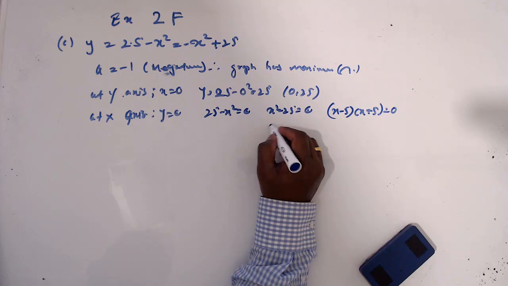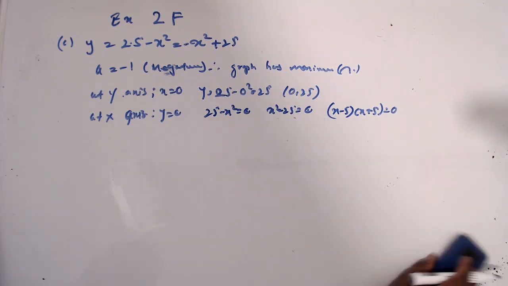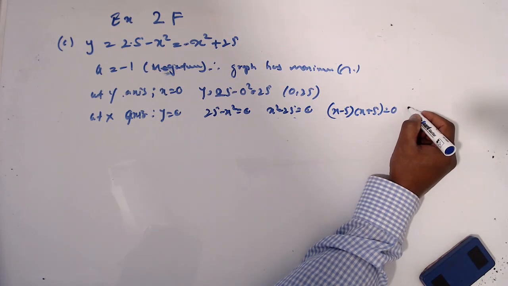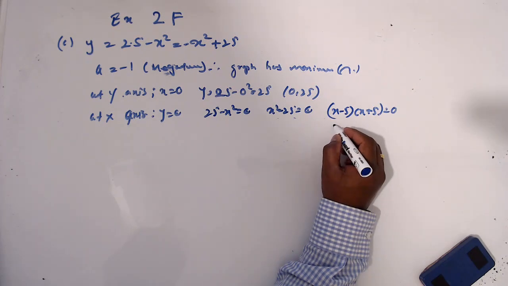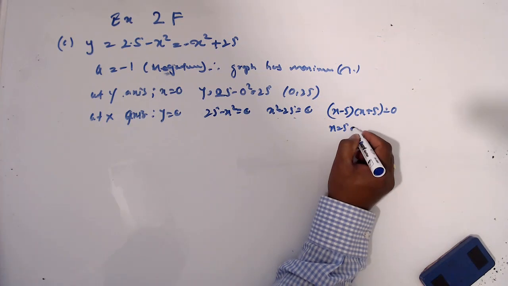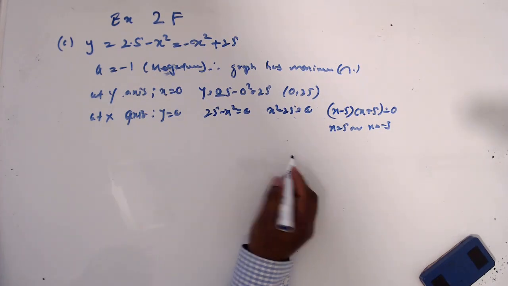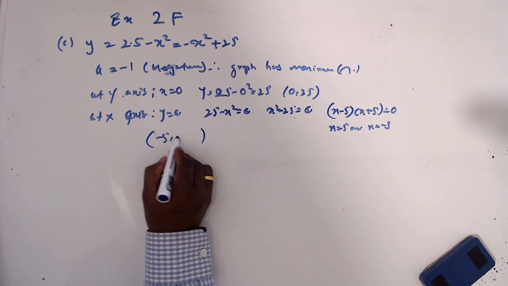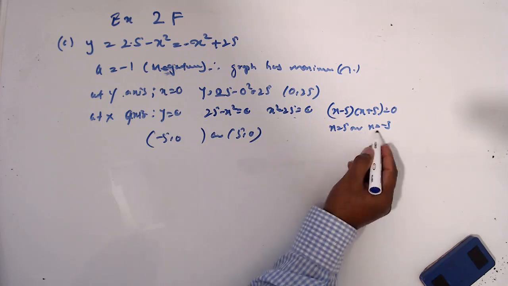I can write this as a difference of two squares. So x equals 5 or x equals minus 5. Then the coordinates of this one are (minus 5, 0) and (5, 0). So those are the roots.